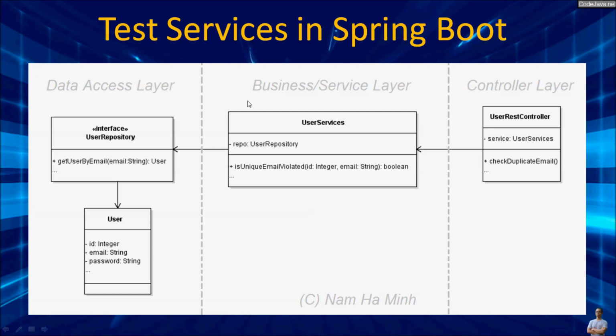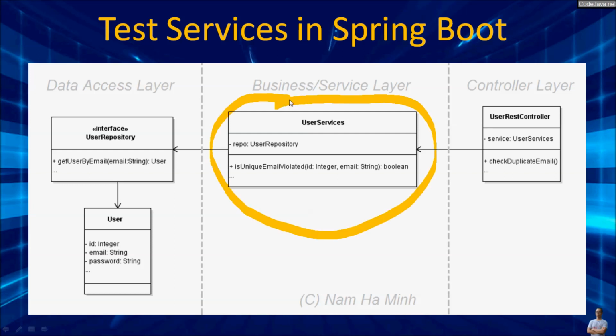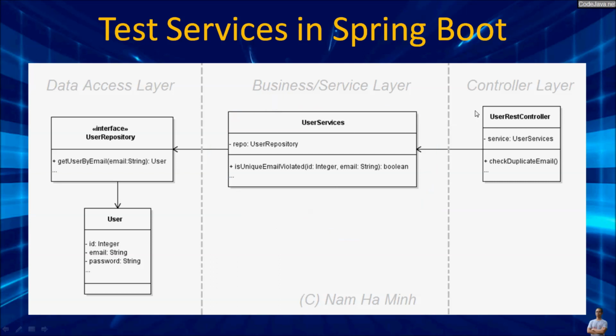In the business or service layer, we have the service classes that implement business logic for the application. And in the controller layer, we have controller classes to handle requests from clients.